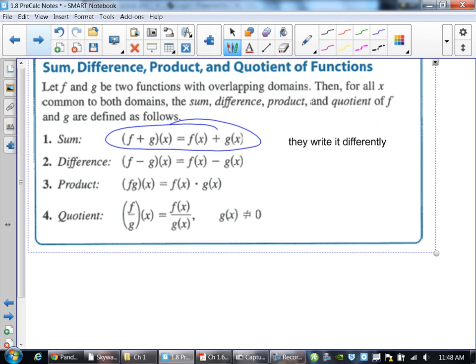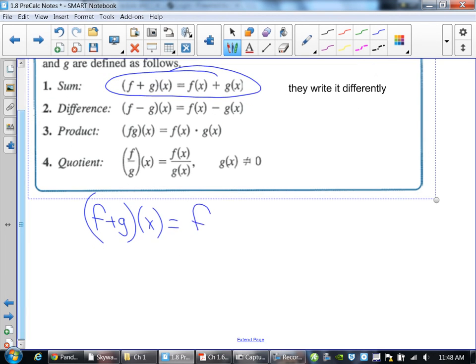That's the only thing that's different from what we've been doing. If you see f plus g of x, it's the same thing as f of x plus g of x. Because if you look at that, what did they factor out with the f of x and g of x? They're using it like a GCF type deal. It's the same process. It's not hard.